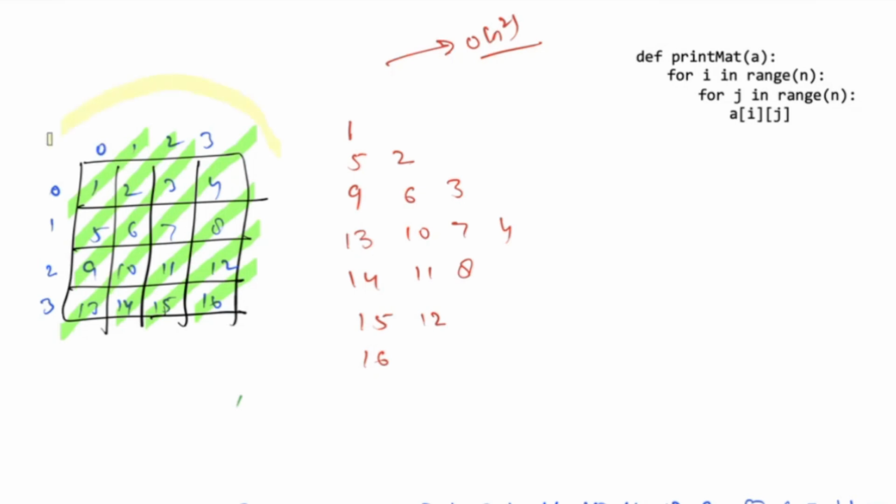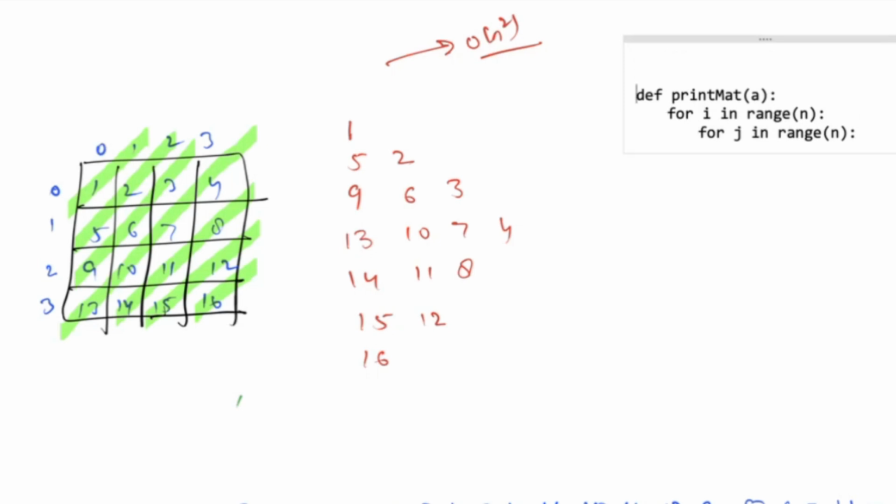So this is the input that is given to us, and this is the output that we want. So to get that output, we have to write for d in range of n plus m minus 1. What is m?